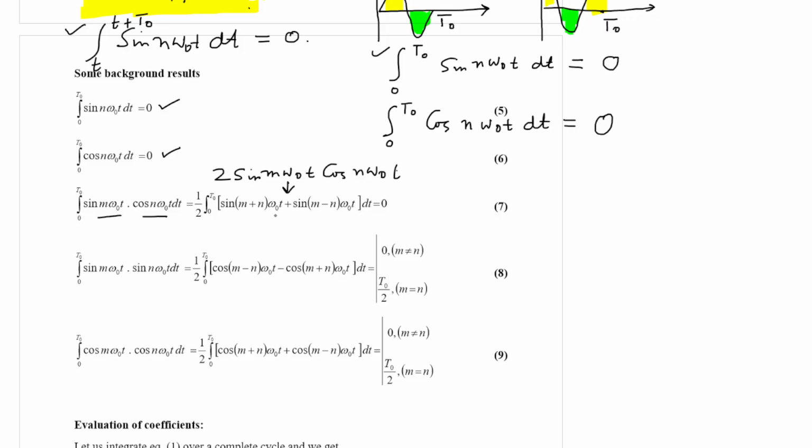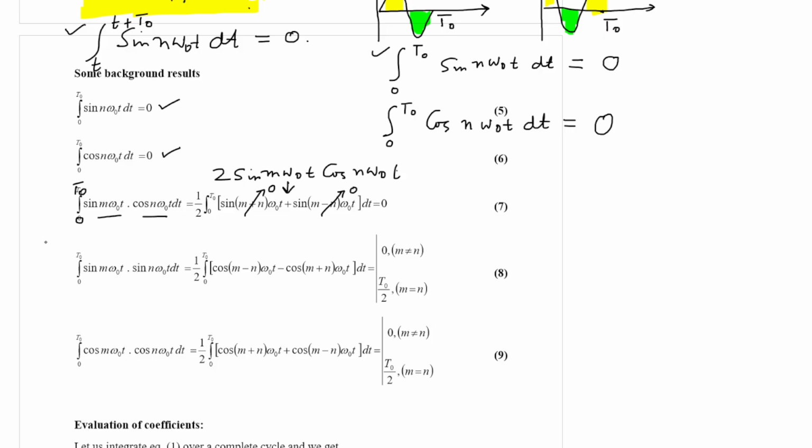Applying the same argument, the integration of each of these sine curves over a complete cycle will be 0. So if you multiply sine and cosine, the result will be 0, provided you conduct the integration over a complete cycle, that is 0 to T naught, where T naught is the time period of the periodic signal.